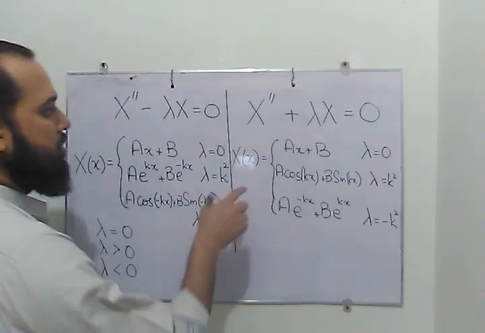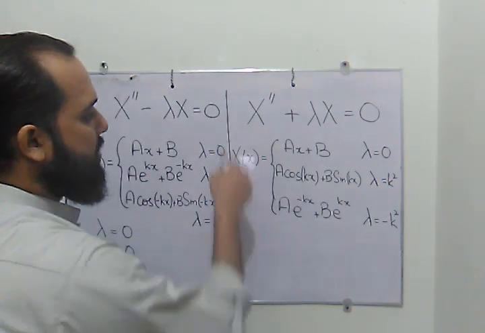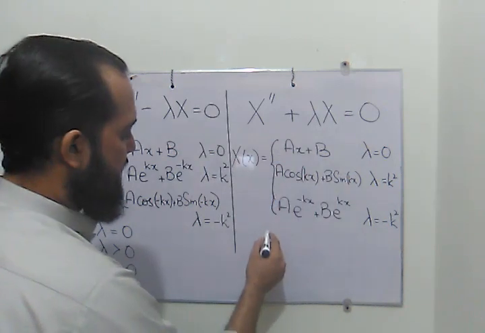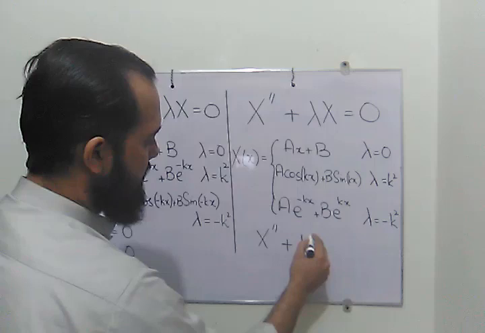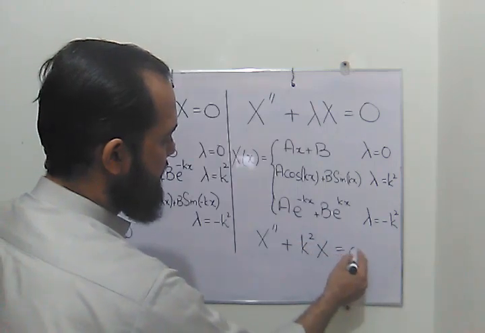For example, the situation for this equation when lambda is equal to k square would be like x double dash plus k square x is equal to 0.